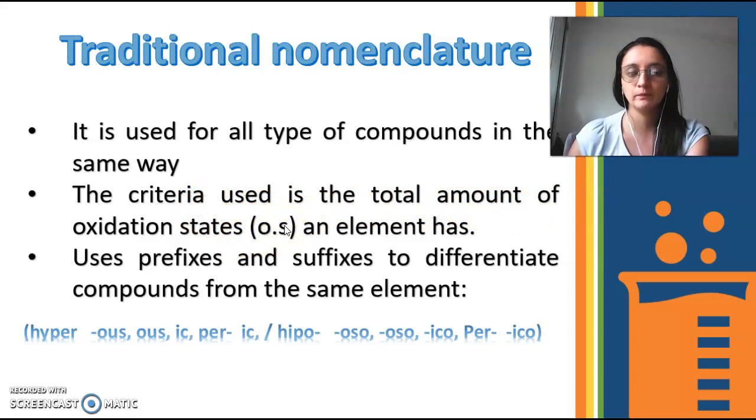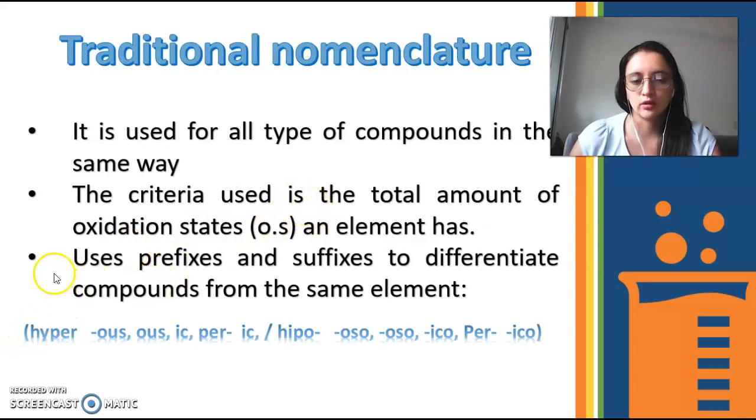As we did in the previous system, we focus on the first element in the formula. So it's usually the metal, so that's the element. The first element in the formula is the one that we are going to focus on in order to name the compounds. And the third idea that this system has is that it uses prefixes and suffixes to differentiate between compounds.